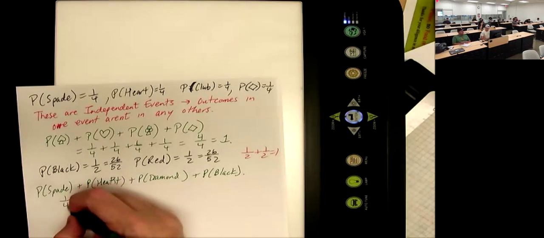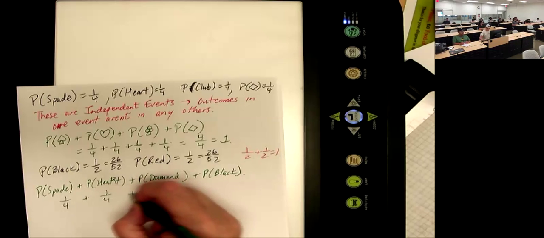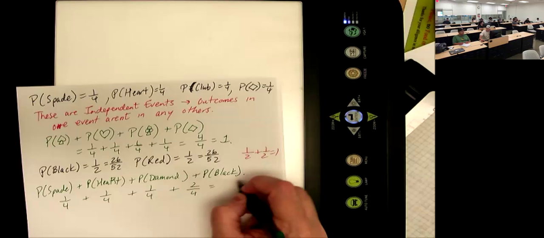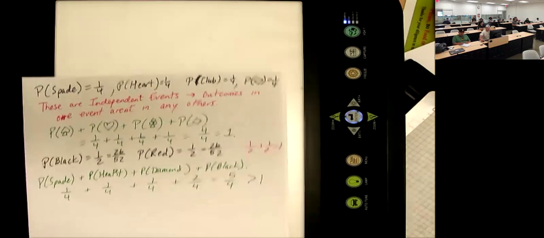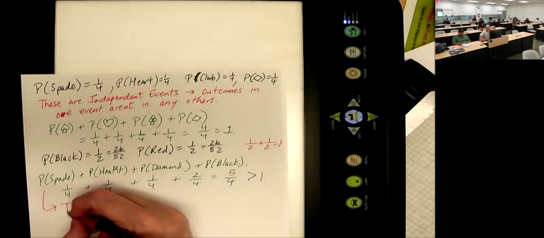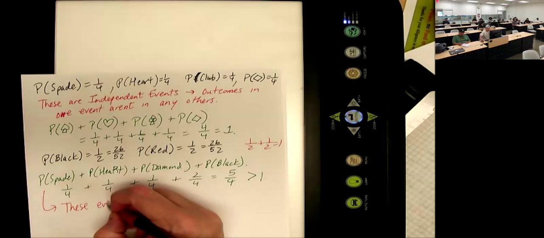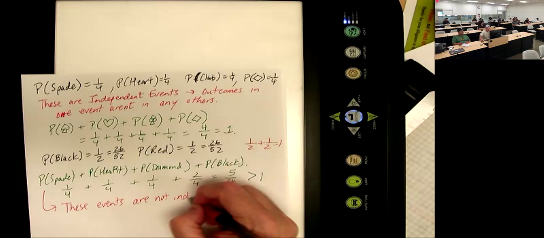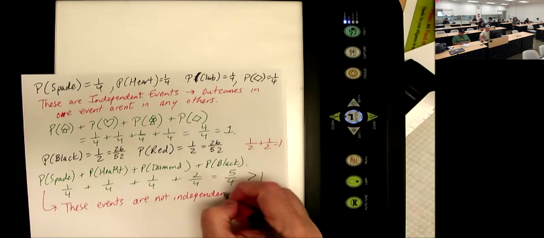This is 1/4 plus 1/4 plus 1/4 plus 2/4. Gets us 5/4. This is bigger than 1, but these events were not independent. So they have to be independent events to add up to one. And you have to have all of the events.